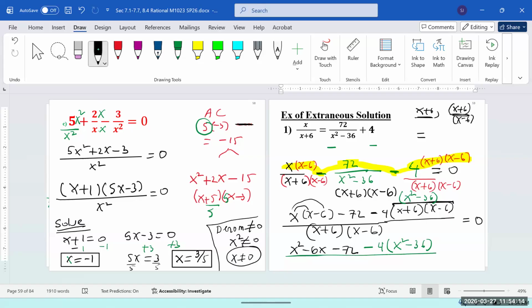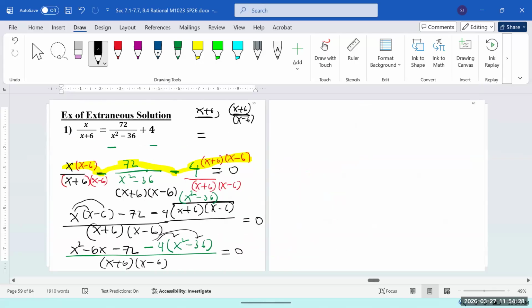We have the same denominator, x plus 6, x minus 6 equals 0. So this time let's distribute this. I hate writing everything. X squared minus 6x minus 72. And after the distribution of -4, what do you get? -4x squared.